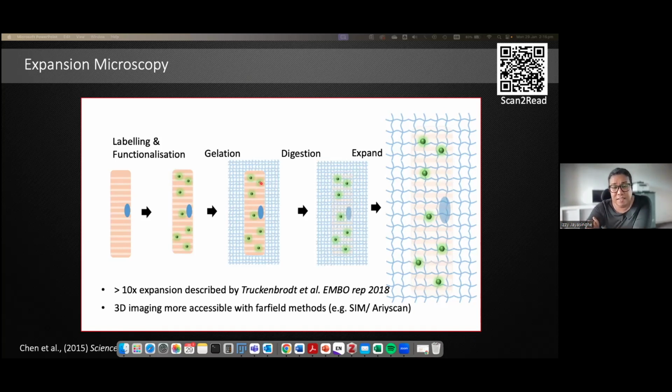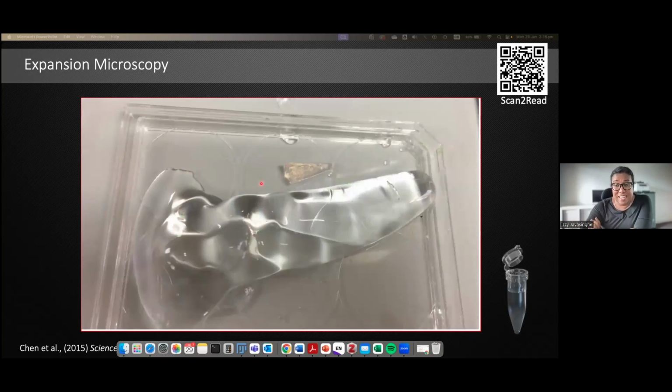Then you can put it on a conventional fluorescence microscope or some kind of super-resolution microscope to image that structure, now physically expanded. Here's a visual illustration of what gel expansion is: two gels that started life in a tube like this, but obviously one has been expanded by hydrating, and this is the principle that we're following.